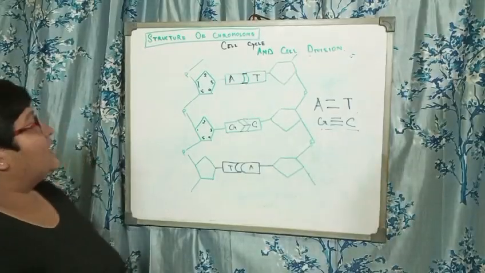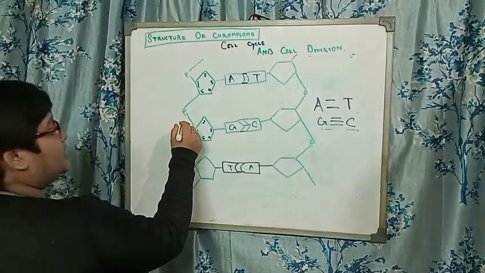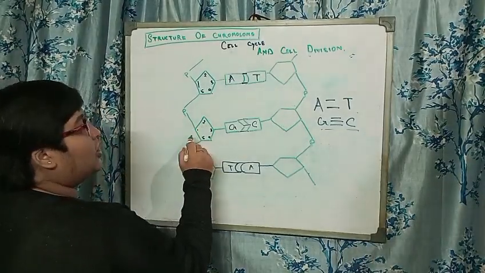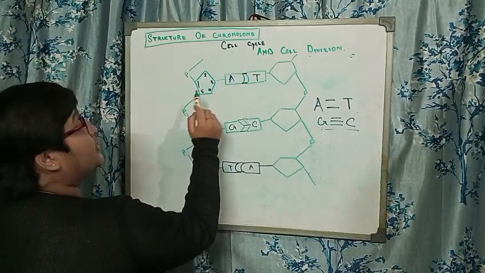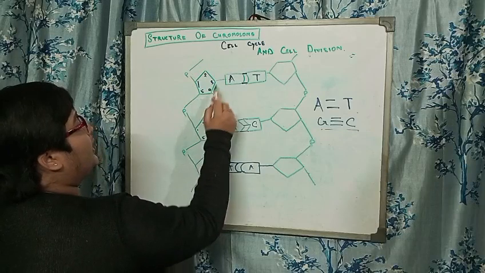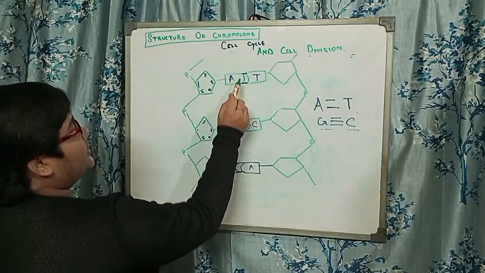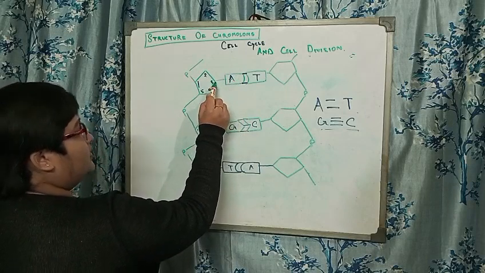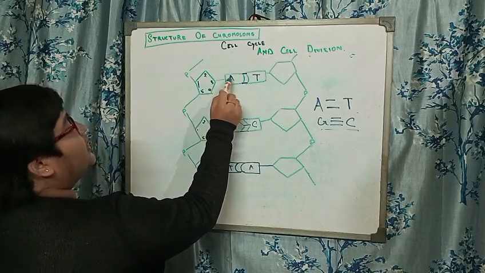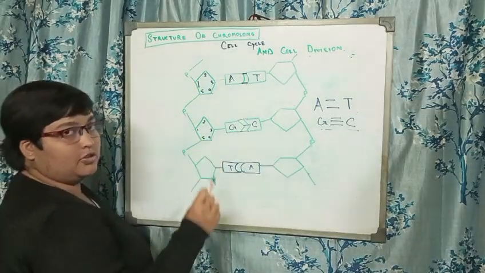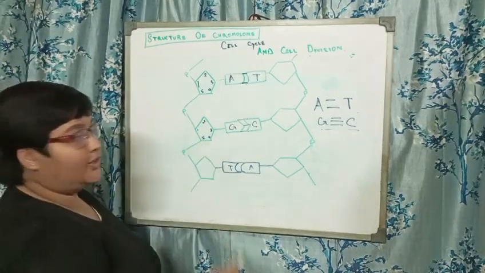Thus, we could say that the phosphate group linked to the first carbon of the pentose sugar of a nucleotide is linked to the fifth carbon of the pentose sugar of the previous nucleotide, and the nitrogenous base is linked with the third carbon of the pentose sugar of each nucleotide. Fine.